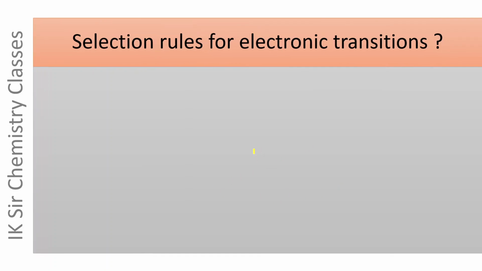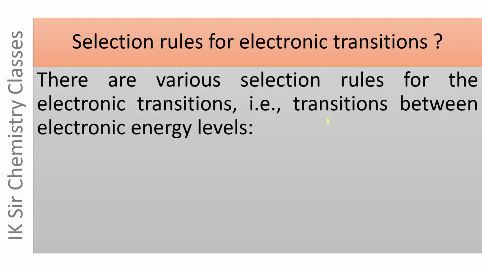Now let us see what are the selection rules for electronic transitions. There are various selection rules for the electronic transitions between electronic energy levels of a molecule or ion, which permit us to predict which type of electronic transition will be allowed or forbidden.